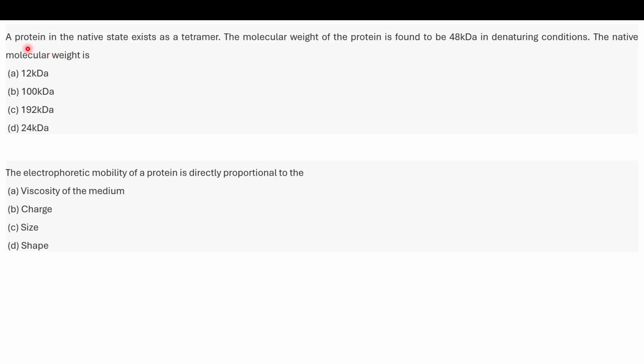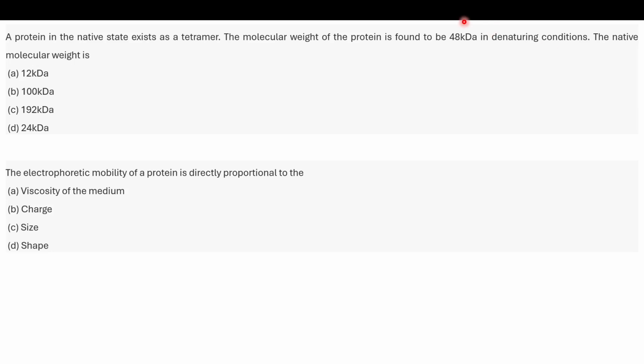Now, this is like the SDS-PAGE ones which we were looking at. A protein in its native state exists as a tetramer. The molecular weight of the protein is found to be 48 kilodalton in denaturing conditions. In denaturing conditions, ideally it will run in its monomeric form.